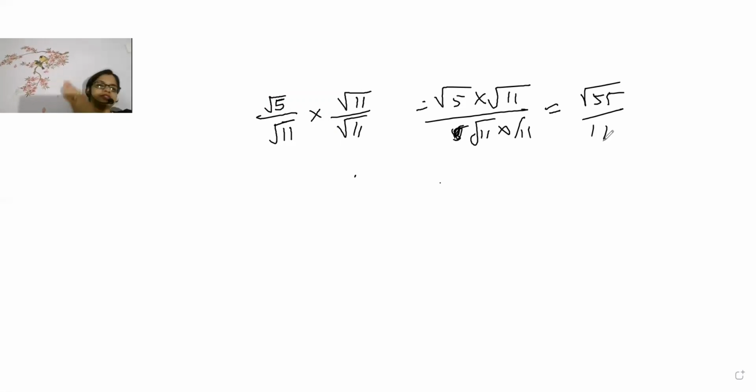So now I'll increase the difficulty level. This time we are going to do this question: 1 by 2 plus root 5. When this question comes, how to rationalize it? If someone tells you to rationalize 1 by 2 plus root 5, then beta, you have to remember one thing.